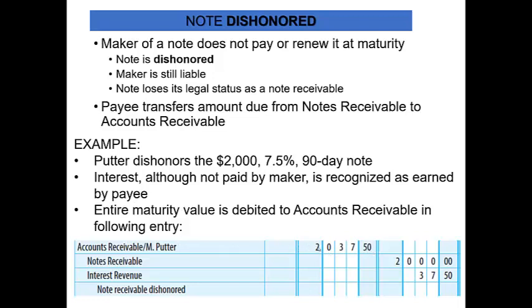So we'll debit accounts receivable for $2,037.50, credit notes receivable to remove the notes receivable from the books, and then credit interest revenue. Even though we haven't collected it, we've earned the interest revenue. So in accrual accounting, revenues are recorded when they're earned. So we're going to credit interest revenue for $37.50.